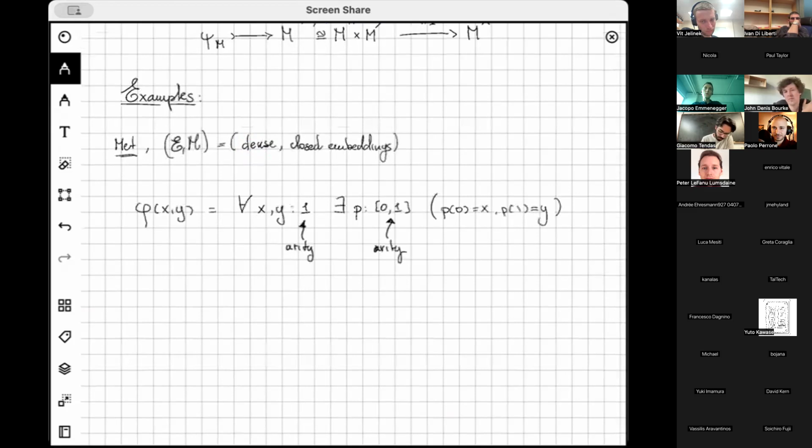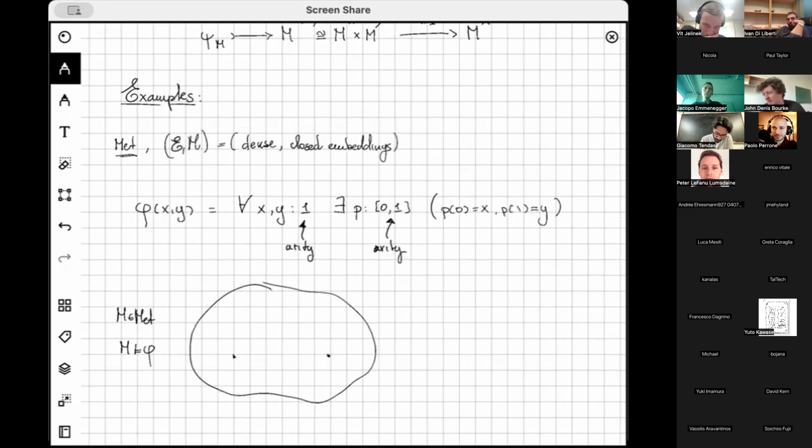So let's say you have a metric space M, and that M satisfies the formula phi. This means that for any two points, existence is up to epsilon in some sense. For any two points x and y, you can always find a path between two other points which are arbitrarily close to x and y, but not necessarily a path between x and y themselves. So the distance here is as small as you want, but it may not be 0.